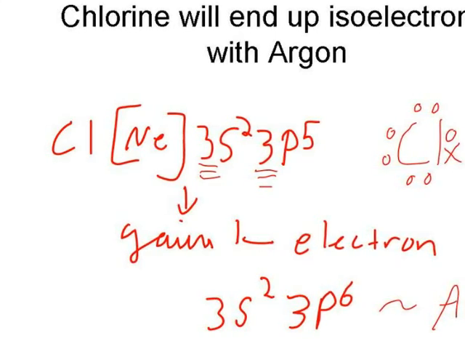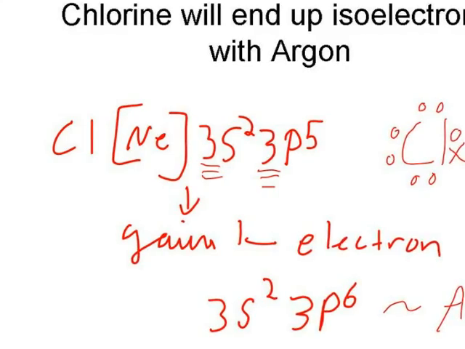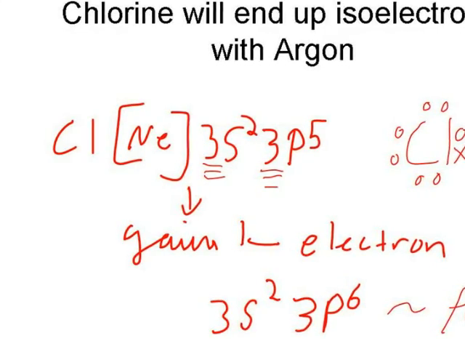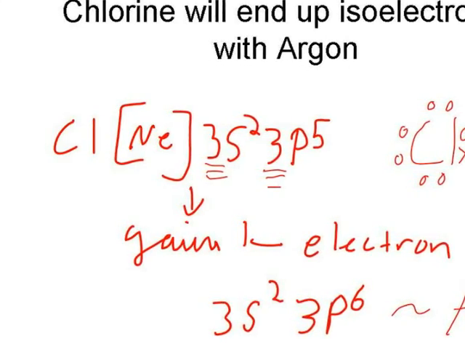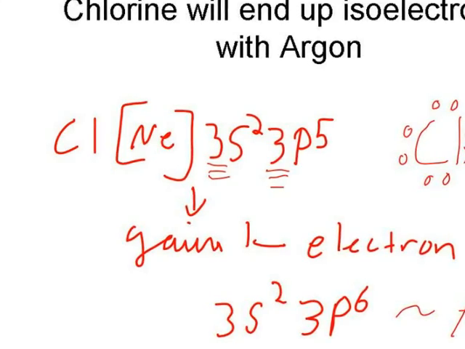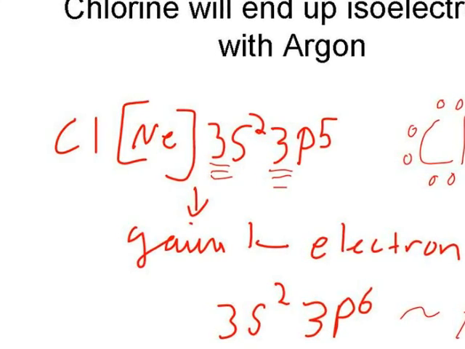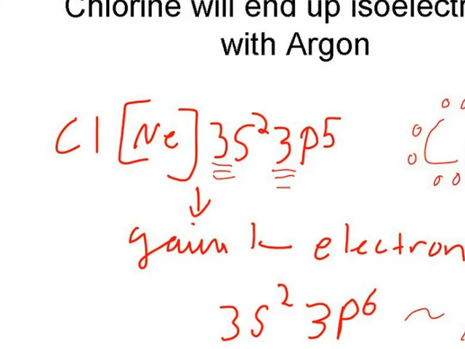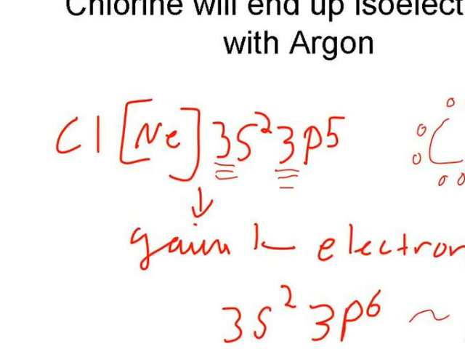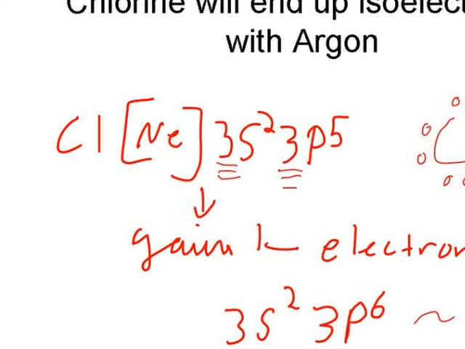And so its normal electron configuration is 3s2, 3p5. But then it becomes stable by gaining an electron, by becoming a -1 ion, an anion. Positive ions are cations, negative ions are anions, and then it'll be isoelectronic with argon.